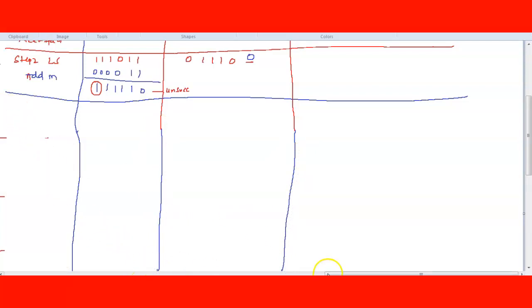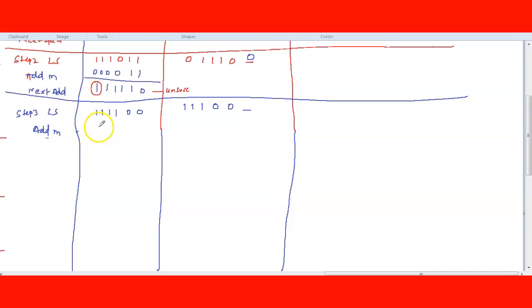Now in step 3, left shift. So left shift means here we can write 1 1 1 1 0 0 and this is 1 1 1 0 1 1 1 0 0 and this bit is empty. So now here again this came unsuccessful, so the next operation is addition.